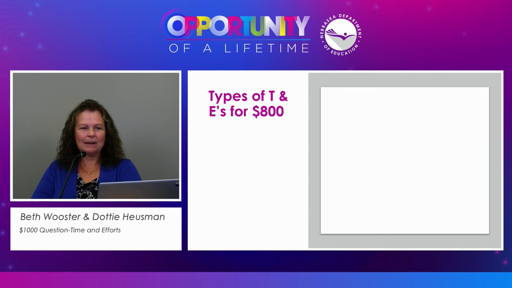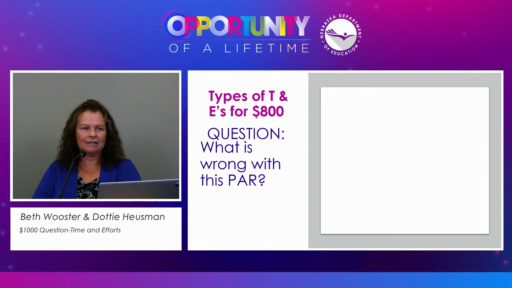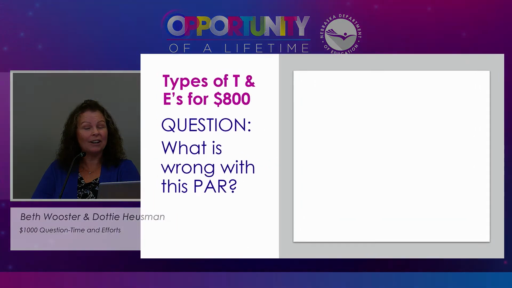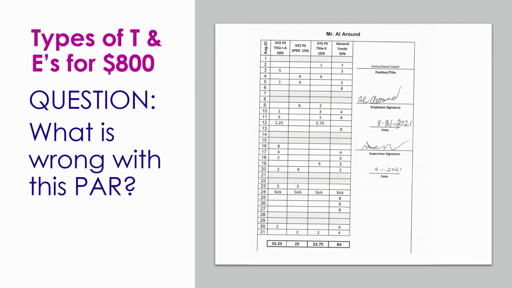Okay, types of time and effort for 800. Well, what's wrong with this PAR? Okay.